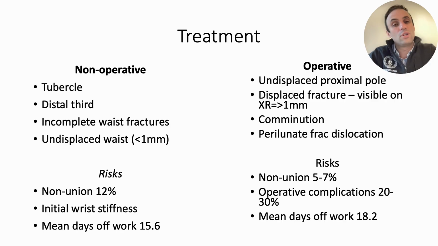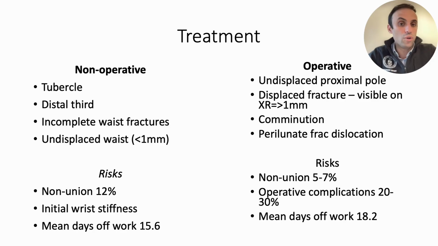In comparison, you can offer operative treatment with a percutaneous screw or sometimes a plate where necessary if it's an undisplaced proximal pole, because there's a risk of the blood supply to the proximal pole leading to avascular necrosis, and non-union is higher. If there's a displaced fracture visible in radiographs, and a cutoff is more than 1 millimeter, if there's comminution, which would mean this would be an unstable injury, or if it's associated with a perilunate fracture dislocation, and this would be part of the greater arc injury.